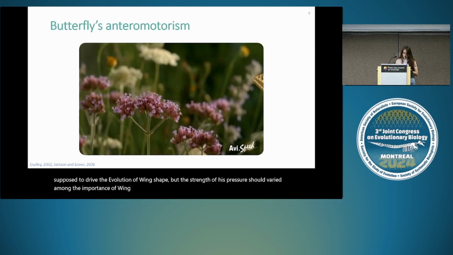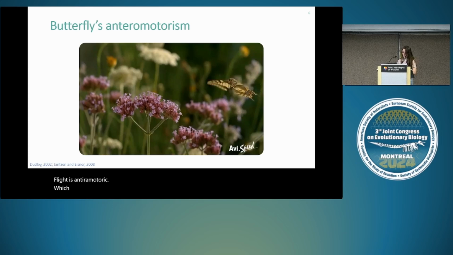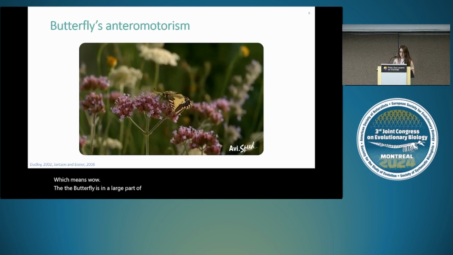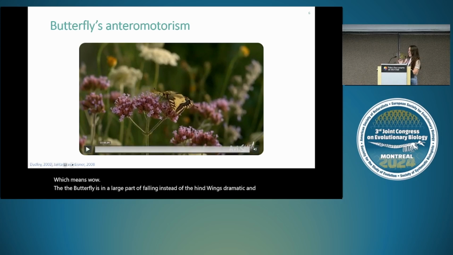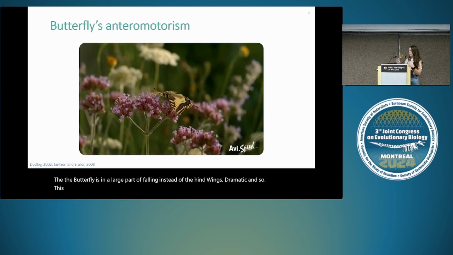As you can see, butterfly flight is anteromotoric, which means the butterfly is in large part propelled by the forewings instead of the hind wings. And so this difference in flight implication should drive wing shape evolution in different ways.